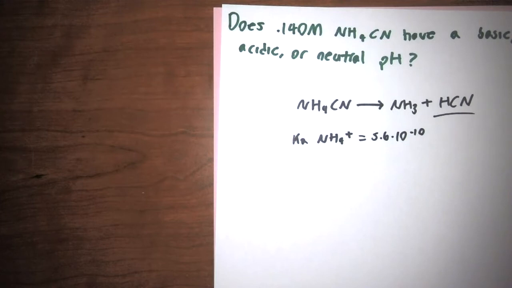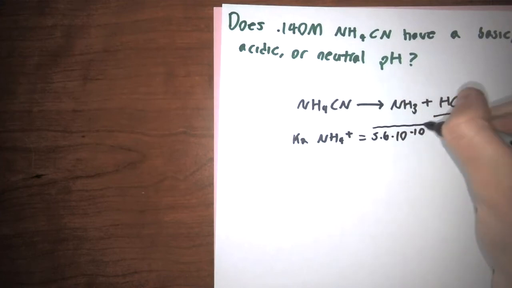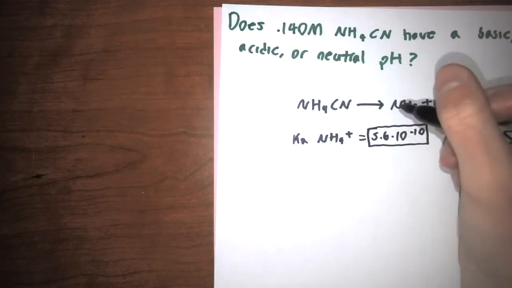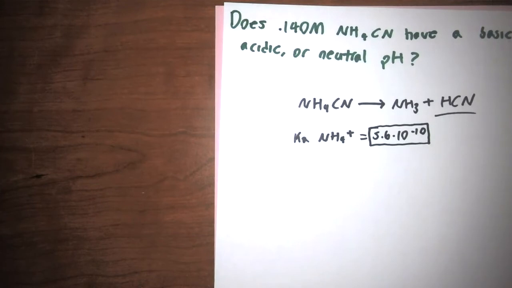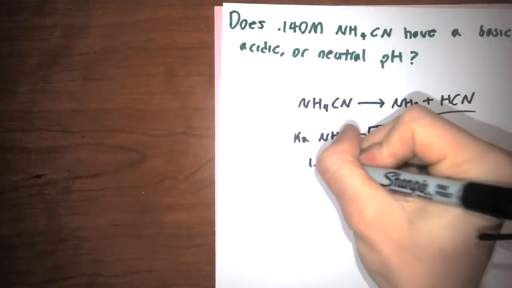Well, we need the Ka of NH4 plus. We're good there. If you wanted to, you could also run the Kb. It will flip the problem, but you still get the same answer. Let's go ahead and do it for those of you that ran a Kb. So how would I solve for Kb?